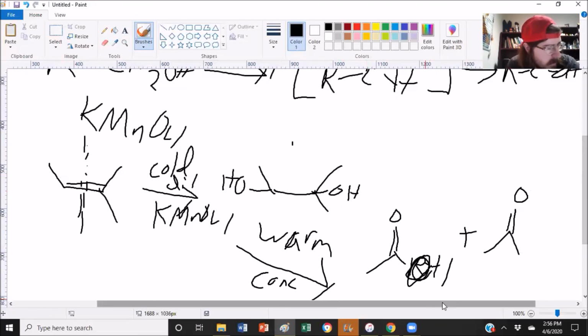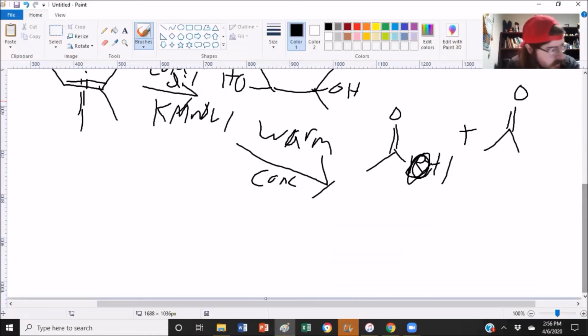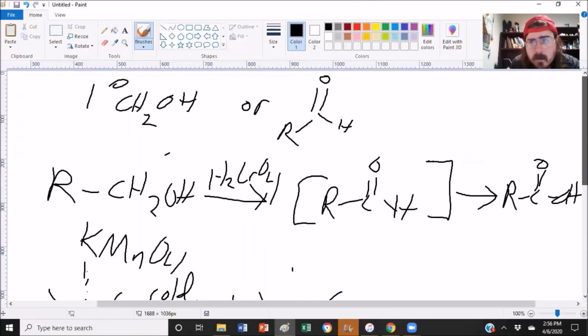But so like any monosubstituted carbons on the alkene can go all the way to carboxylic acid. And we could just straight up cleave an alkyne. So I'm going to go ahead and delete this and redo all these.